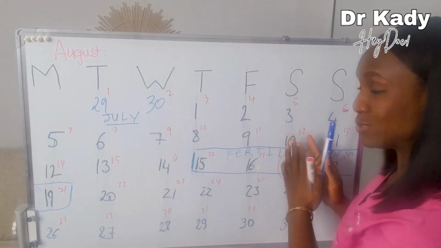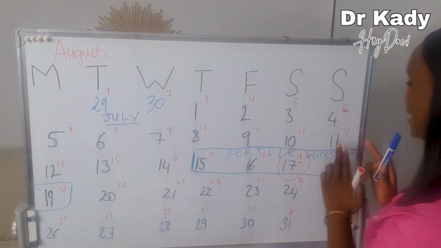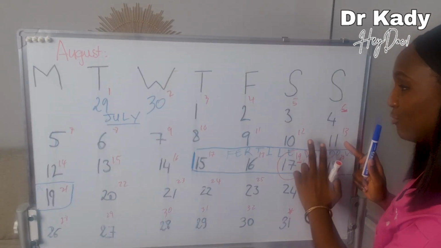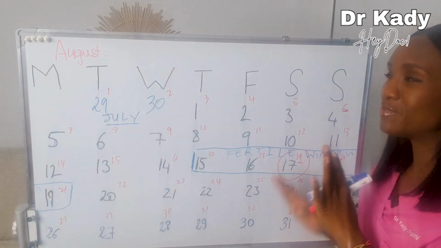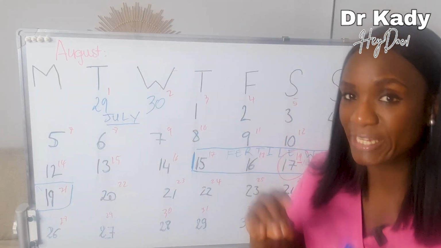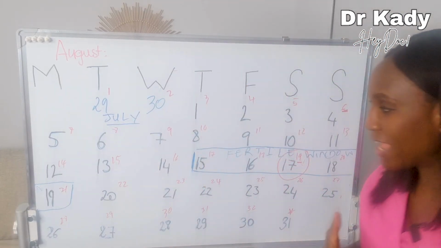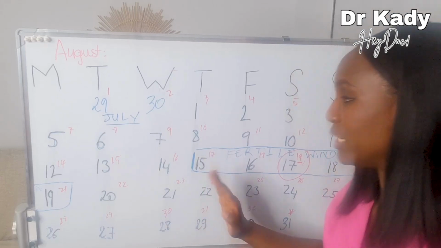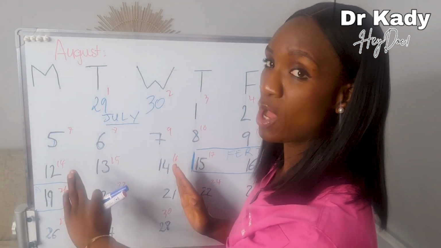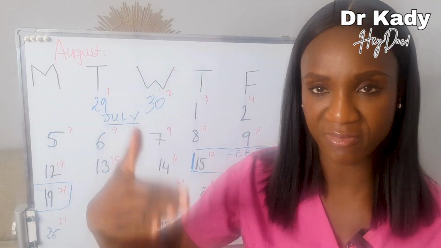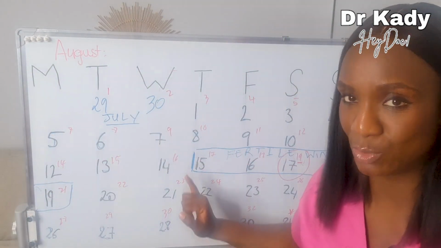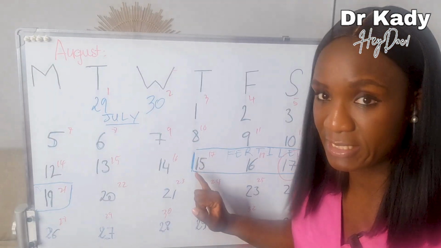Whereas if you don't count the 10th and you go from the 11th and say you're still fine after the 10th, you may slip up on that 24 hours. So if you are really keen on avoiding a pregnancy, my advice is do not include, when you're counting the 5 days before, because that's how long the sperm can survive in your reproductive tract, the first possible day that you can ovulate, okay?